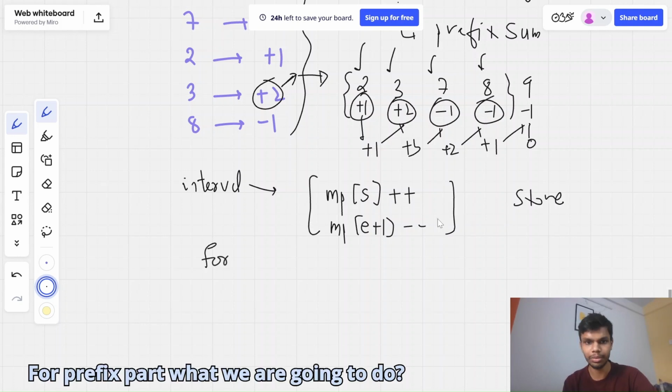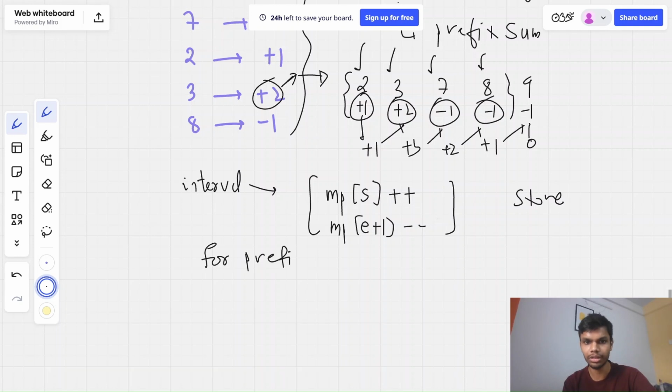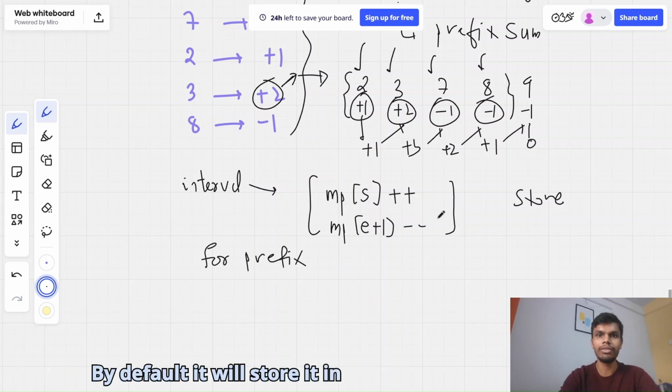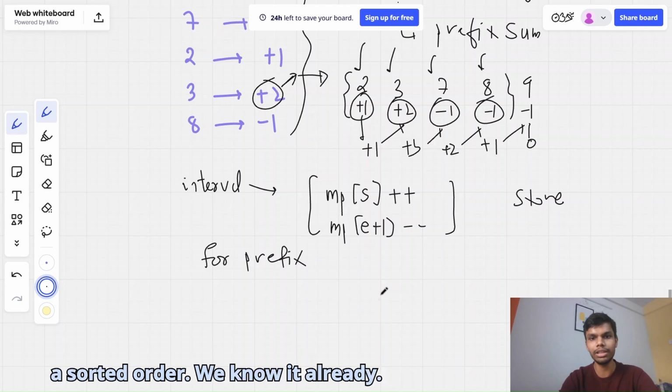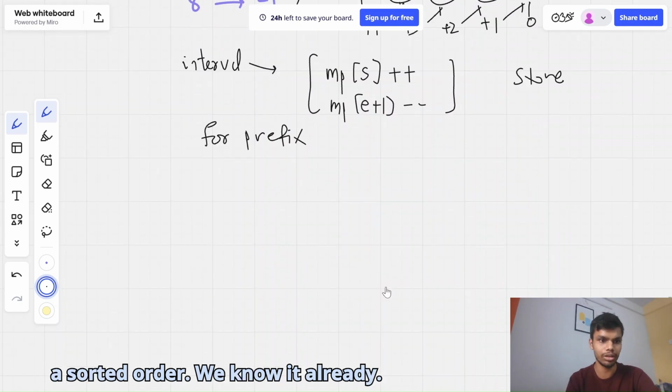For the prefix part, by default the map stores in sorted order, we know that already.